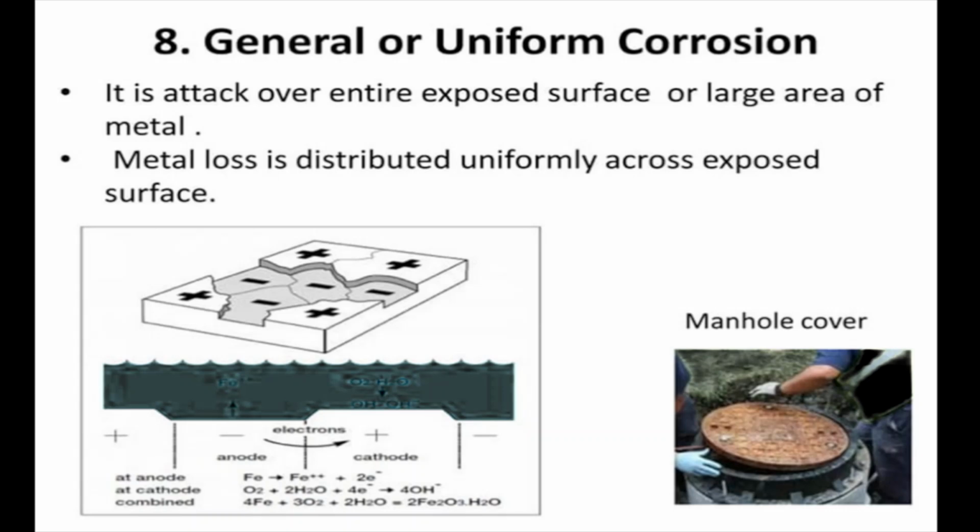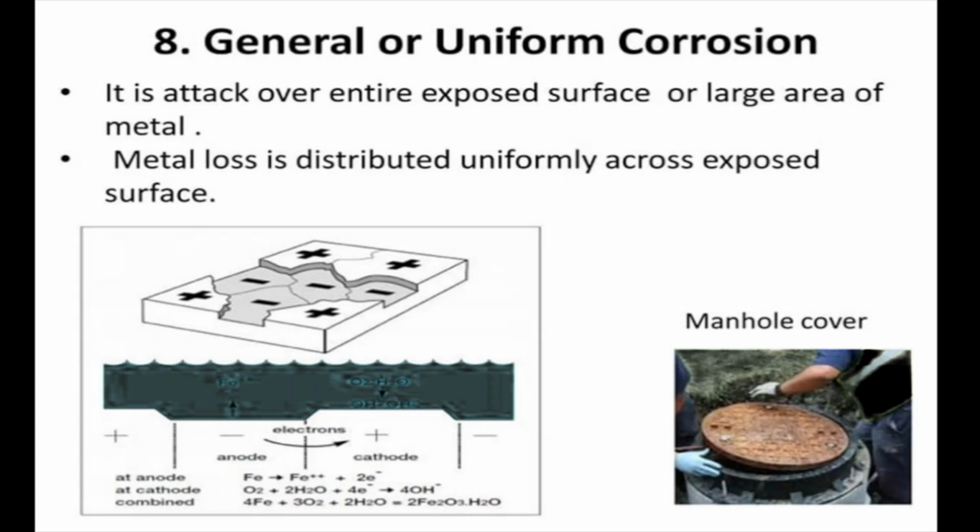The combined effect is 4 Fe plus 3 O2 plus 2 H2O creating 2 Fe2O3, that is ferric oxide, with water of hydration, xH2O. It is an attack over the entire exposed surface or a large area of the metal, and the metallic loss is distributed uniformly across the exposed surface.